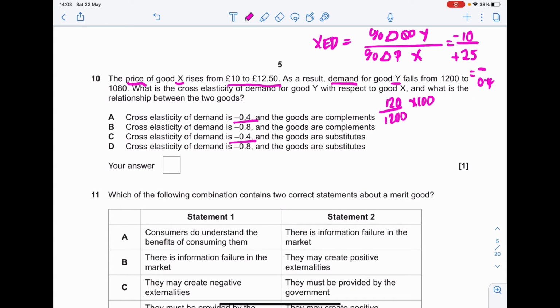Now we have to establish whether they're complements or substitutes. If the price of one good goes up, it leads to a fall in demand for the other. That would be a bit like strawberries going up in price, and then fewer people buy strawberries, and therefore there's going to be less demand for cream. Strawberries and cream are complements, so therefore our answer will be A.